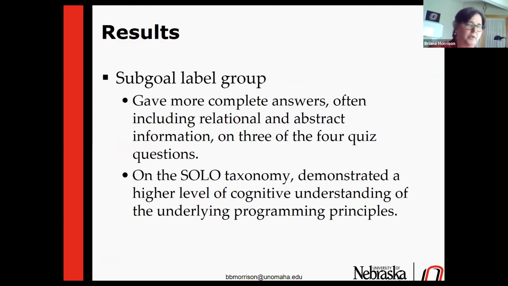It was a bad choice to analyze. On the SOLO taxonomy itself, they demonstrated a higher level of cognitive understanding and understanding of the programming principles. So we were really pleased and said, this is awesome. It helps them on their quizzes, and by the way, we think they know more, based upon the SOLO taxonomy.